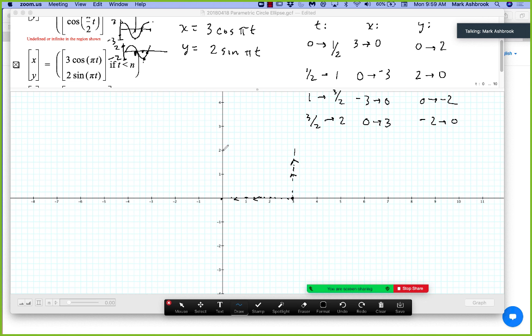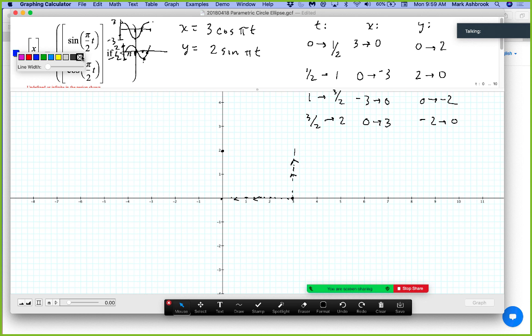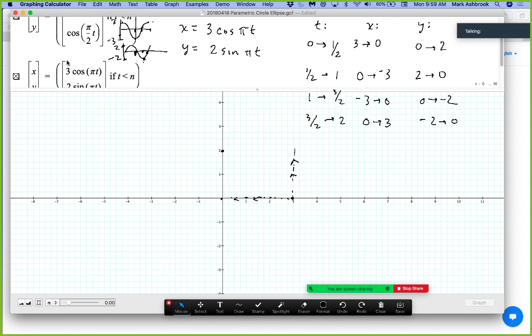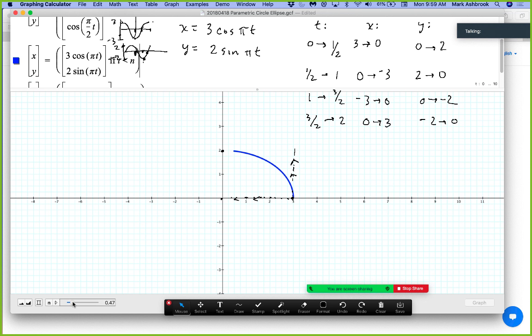So then we'll be at the point (0, 2). So can you imagine it'll be something like this. That's x decreasing from 3 to 0 while y increases from 0 to 2.